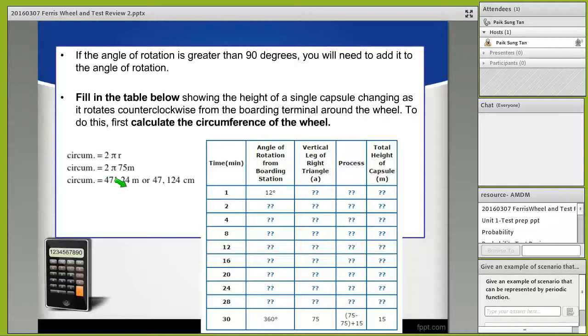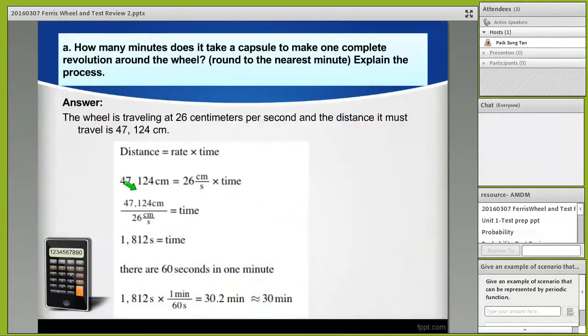So you enter it in your calculator, and you should get 471.24 meters or 47,124 centimeters. The reason we need centimeters is because the speed of the capsule was given in centimeters per second.